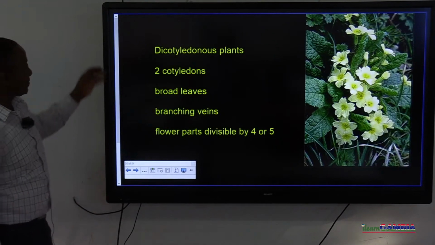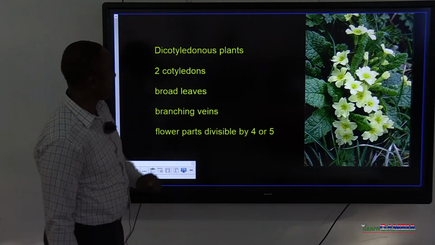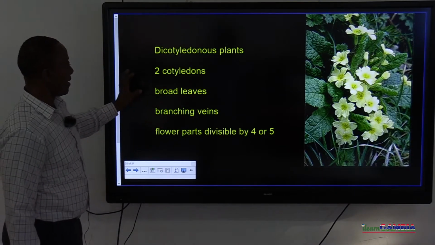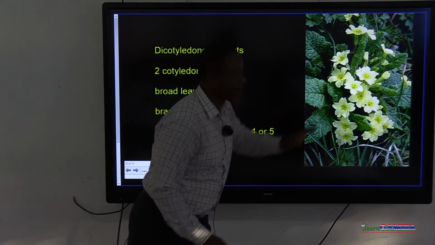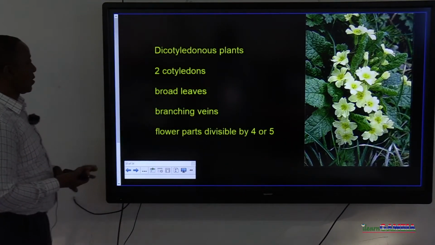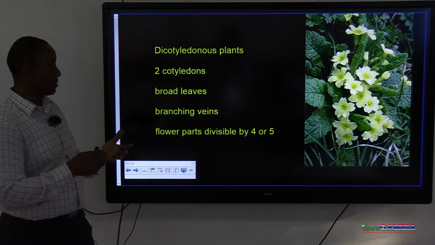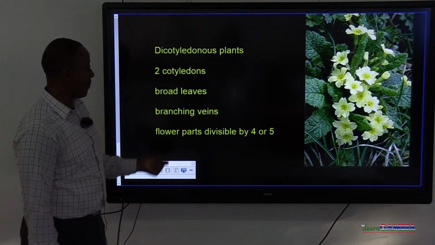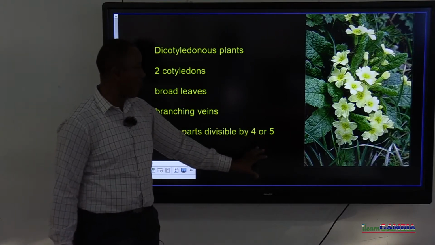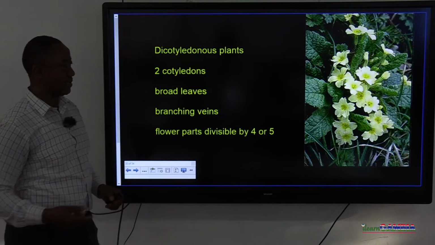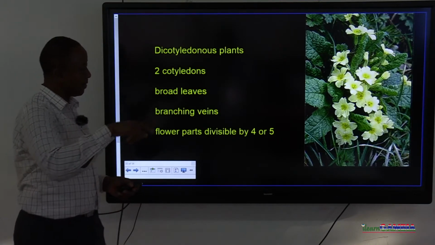For dicots or dicotyledonous plants, they have 2 cotyledons. And the leaves are big or broad, and they have branching veins or a network of veins, okay? And then the flower petals are in multiples of 4 or 5. Make it interesting by going out and checking some flowers, and then you count the petals.